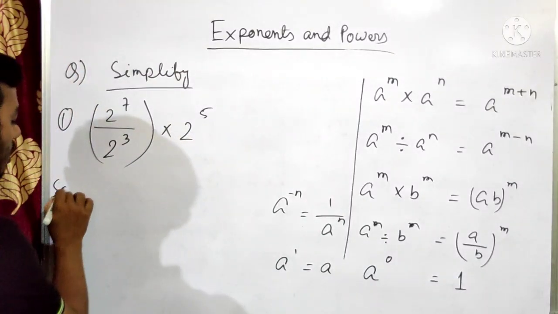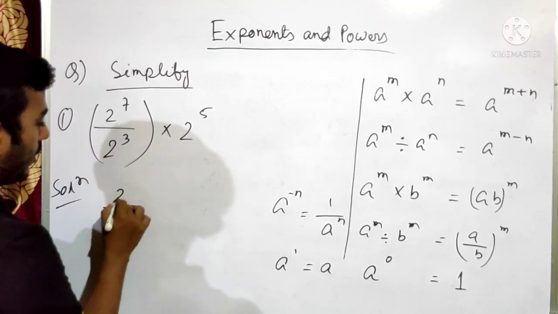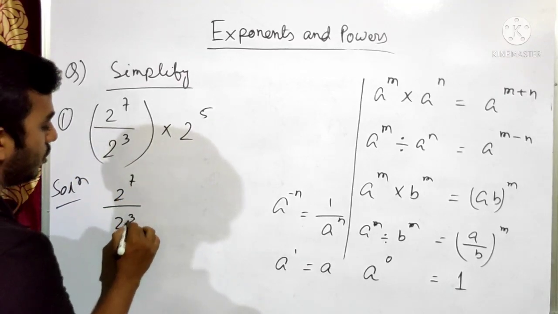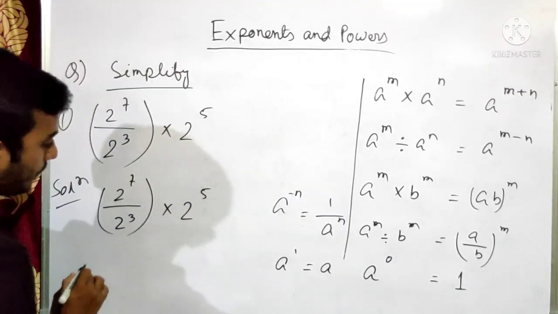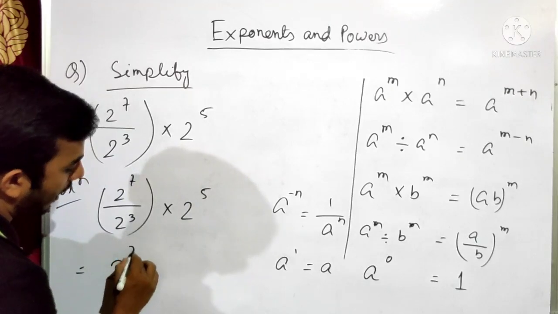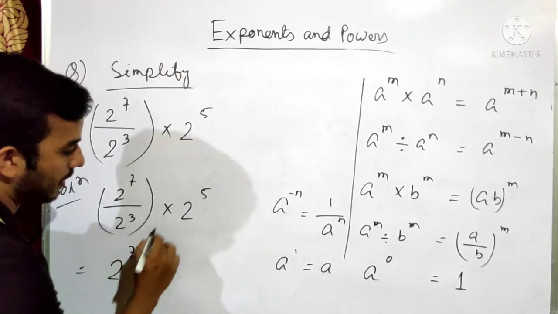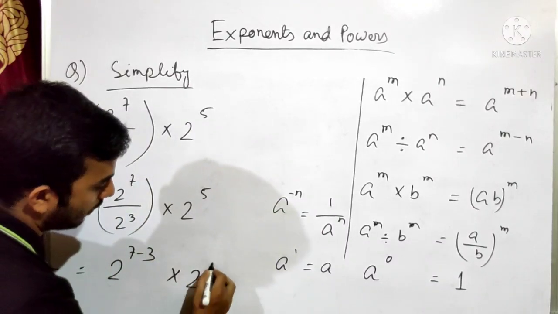So we'll write the solution like this. First write the question, because we can't directly start the answer. So in the bracket, a power m divided by a power n means a power m minus n. Then we have solved this part, then into 2 power 5.